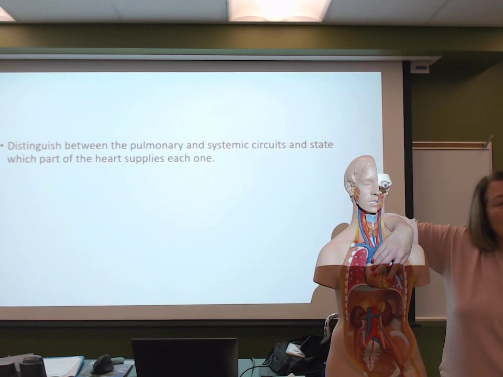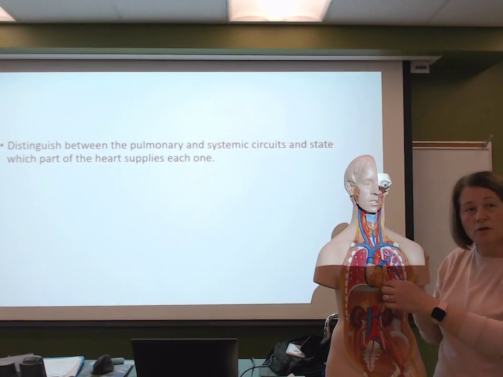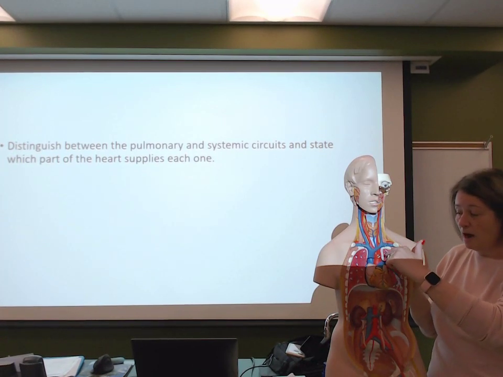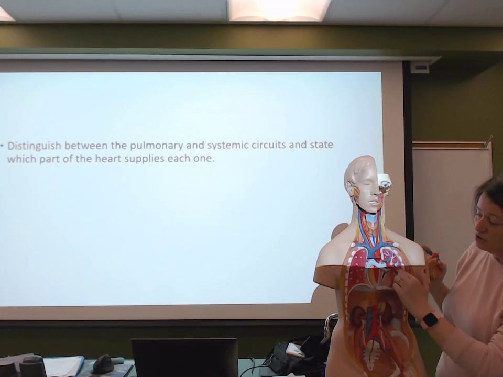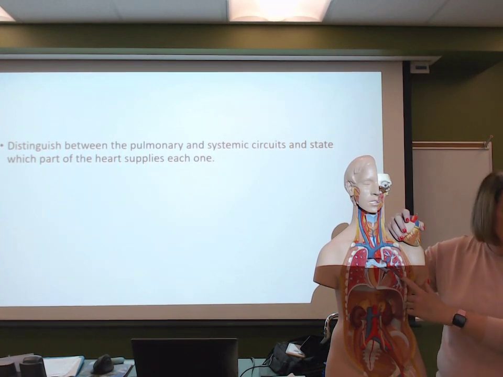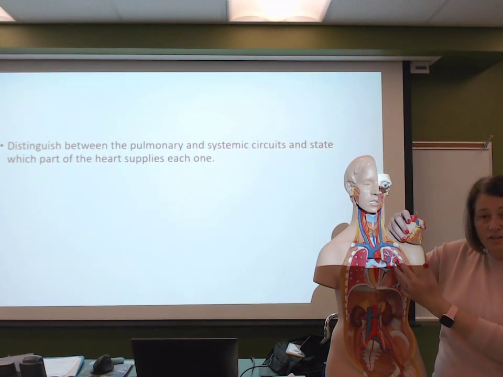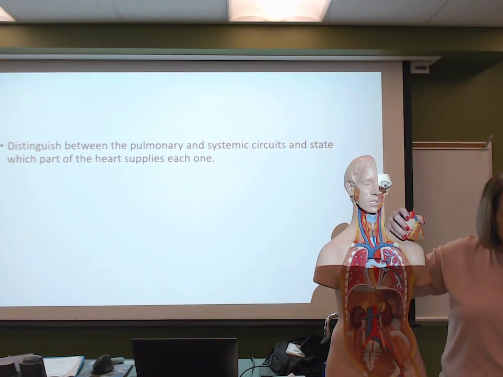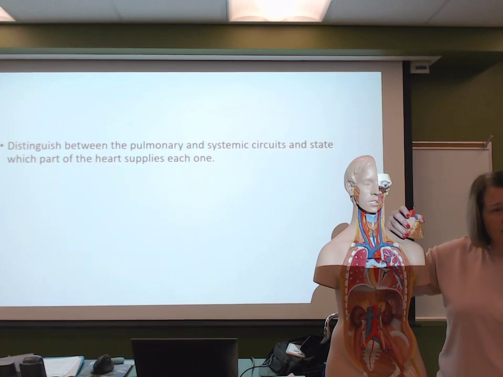You've got all these other wastes that make it into the bloodstream. And when you go from the right side of the heart to the lungs, the only thing they do there is the CO2 and O2. For the most part, we're looking at our gases.